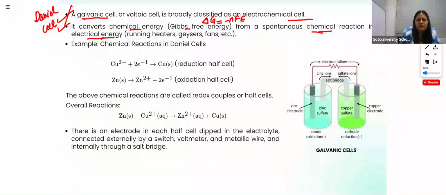Okay. And while chemical energy is being converted into electrical energy, a number of reactions take place. Now, what are those reactions? We will study about these reactions.